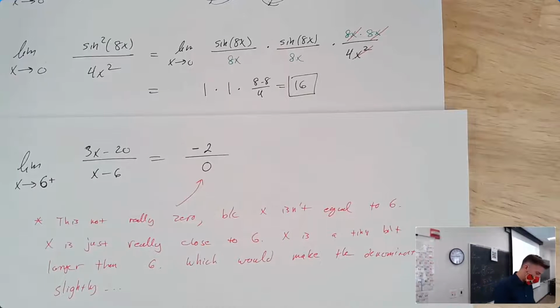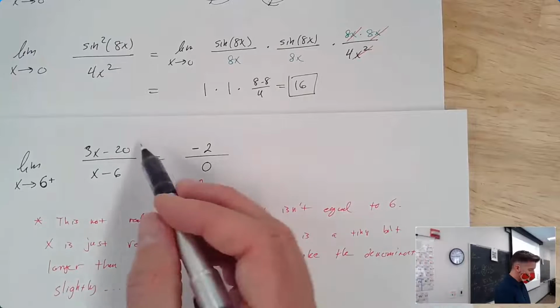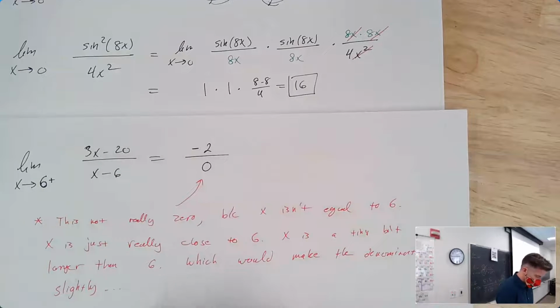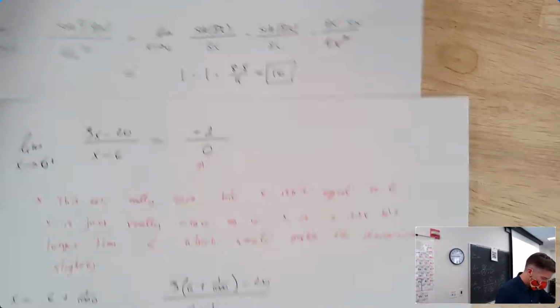And so if we do that, well, I'm not going to worry about the numerator, right? I'm going to say that on top, we're going to get 3 times 6 plus, I don't really care, minus 20. But in the numerator, the denominator, I definitely care. Oh, sorry, thank you.